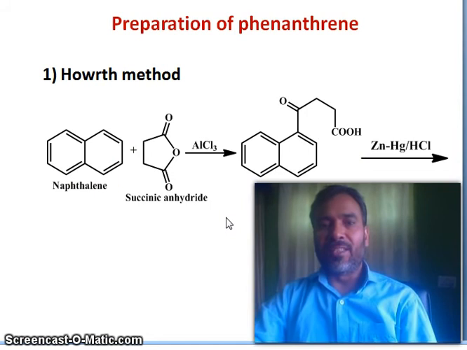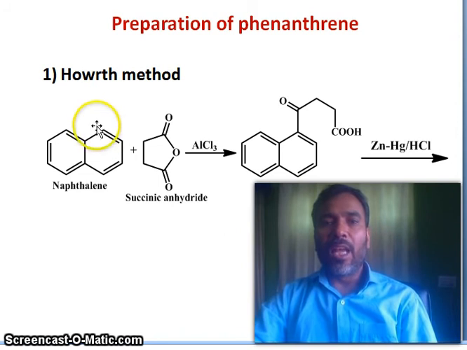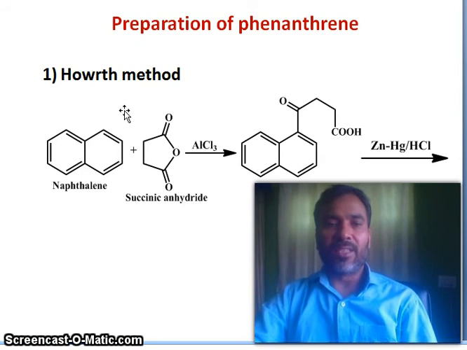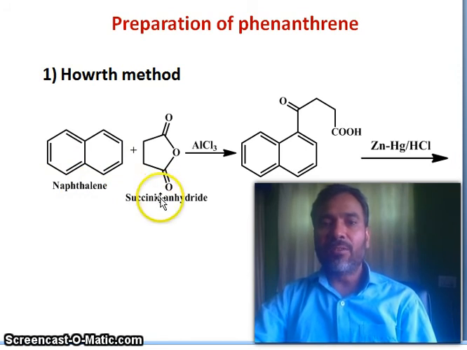Synthesis of phenanthrene. You can synthesize the phenanthrene ring with the help of the Haworth method. That is a very important method for the synthesis of phenanthrene. You see here, naphthalene undergoes reaction with succinic anhydride, which is formed from succinic acid, in the presence of aluminum chloride, and this product is formed.